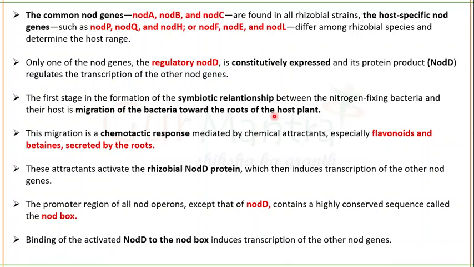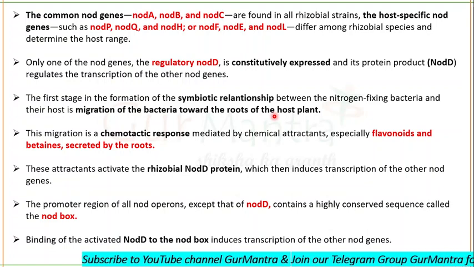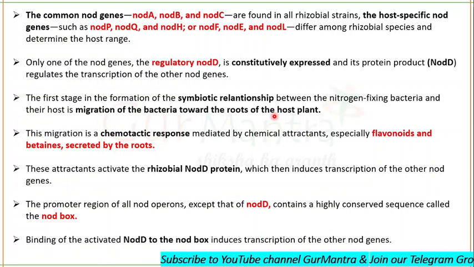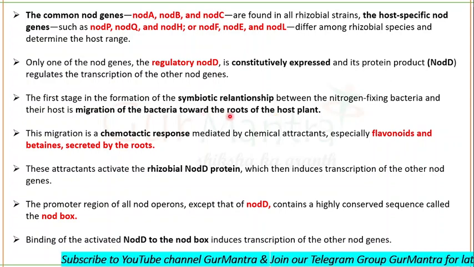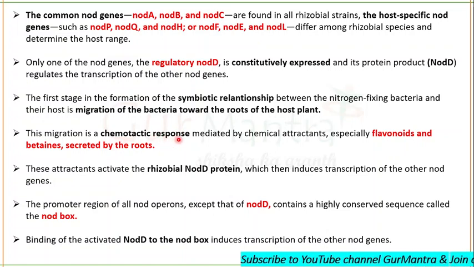If both want a conversation, they will come toward each other, but when only one wants it, then one goes to the other. Here the plant wants that conversation and the bacteria also want it, but roots cannot move. So there will be migration of bacteria toward the roots of the host plant, and this migration occurs as a chemotactic response.